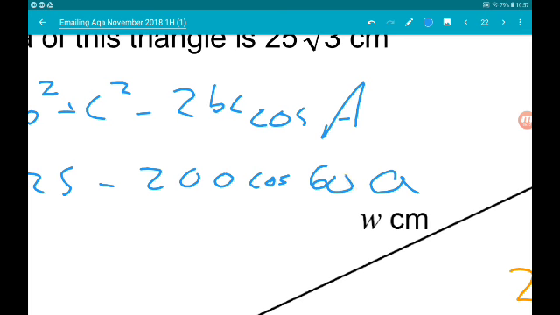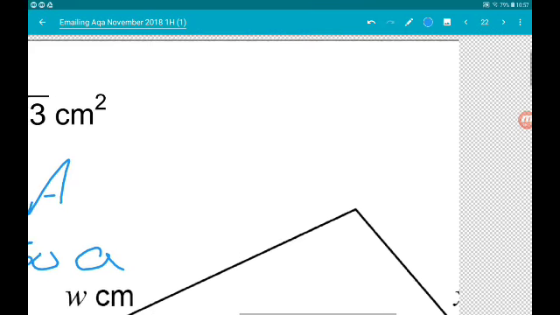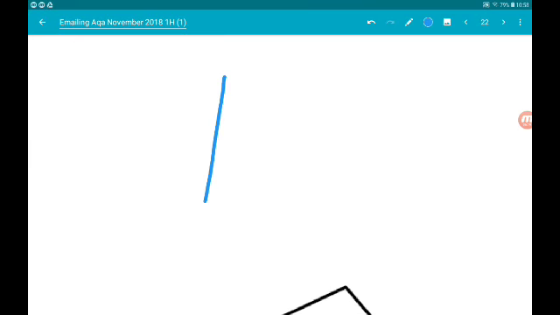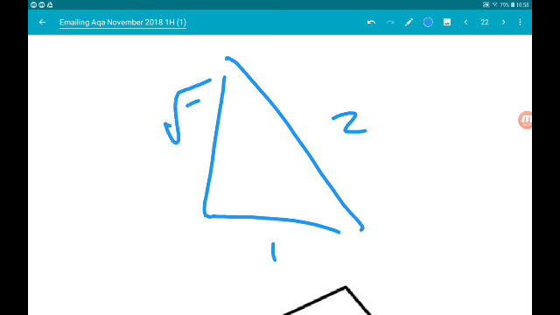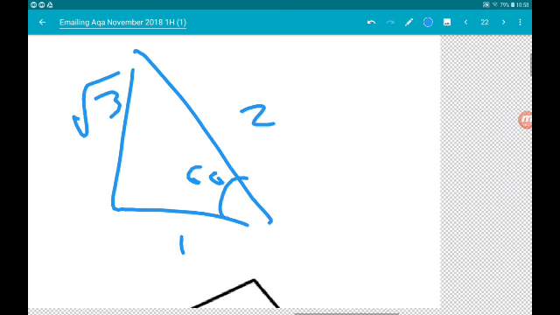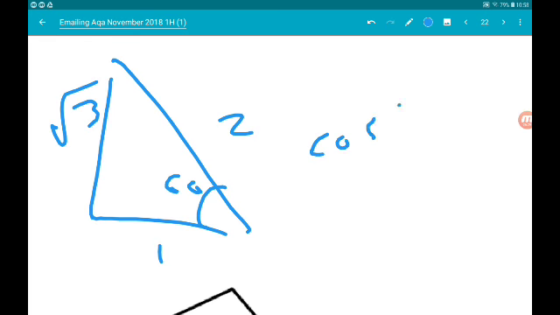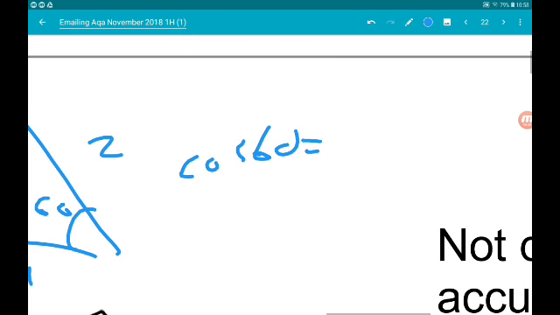Now again we need another exact trig value here. So same triangle. 1, 2, root 3, 60 down there, cos of 60. Cos, remember, is adjacent over hypotenuse, so it's half.